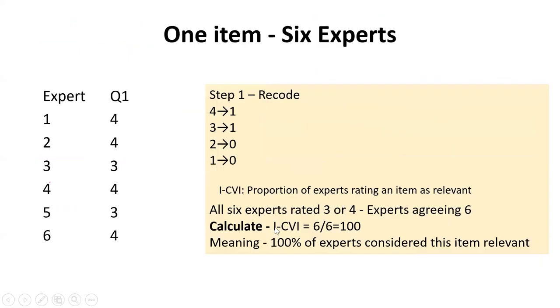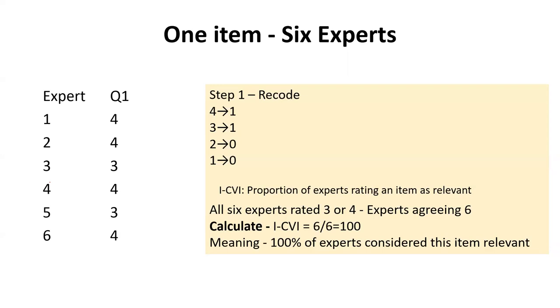So when I calculate the item level content validity index, that is the I-CVI, it becomes 100%. It means 100% of the experts have considered this question to be relevant for this latent construct. Understood? Yes, ma'am.